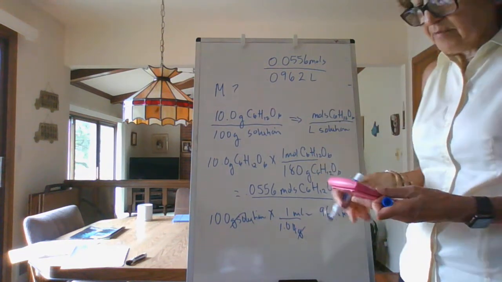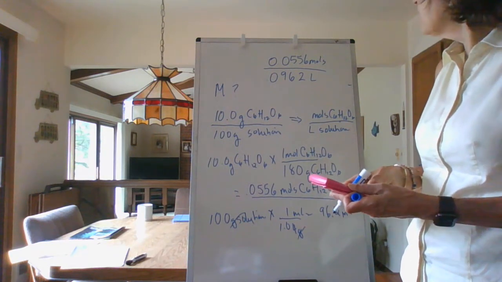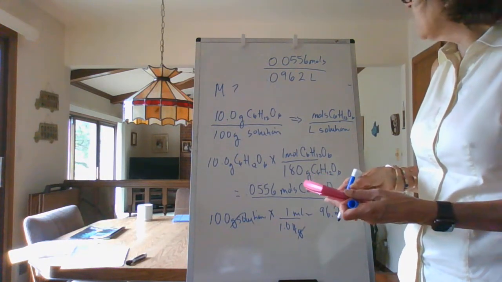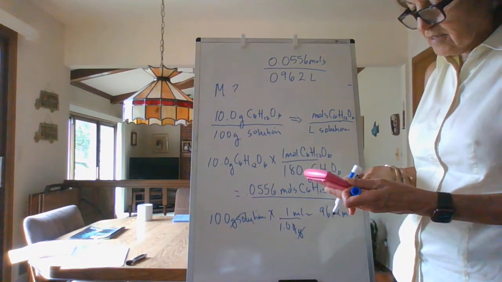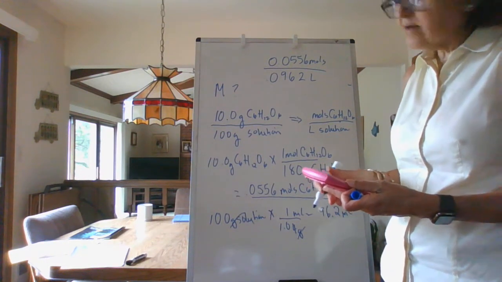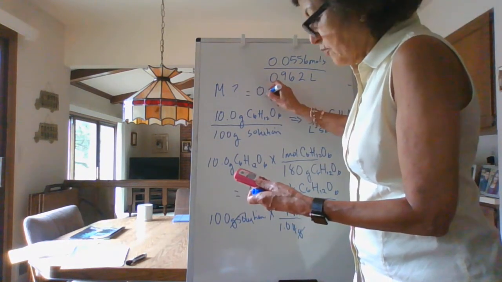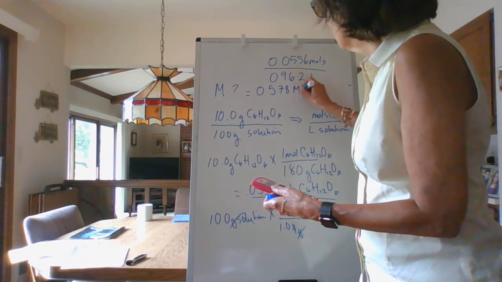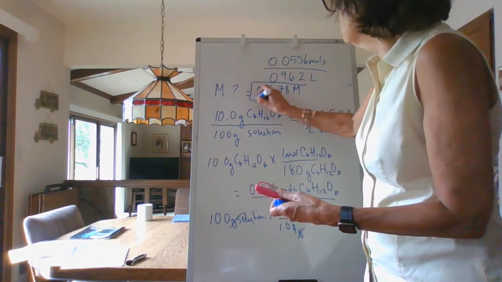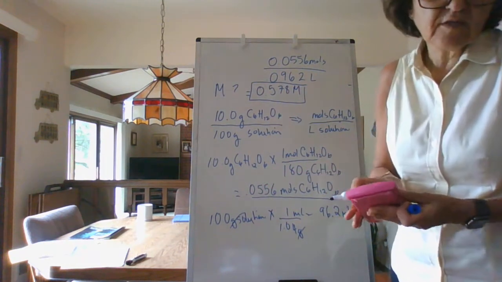Okay, so now I plug it in. 0.0556 divided by 0.0962, and you end up with the molarity of 0.578 molar if we are going to do it to 3 sig figs.